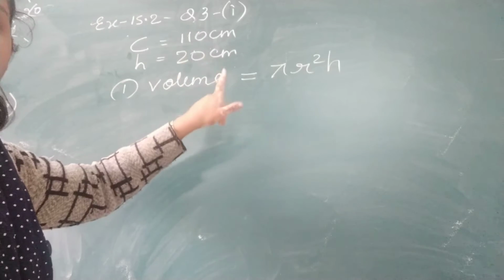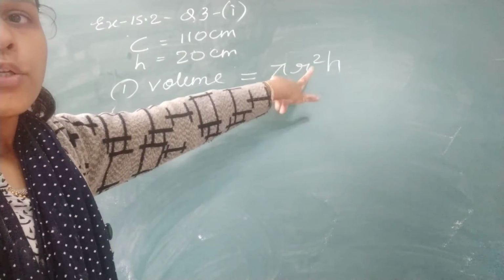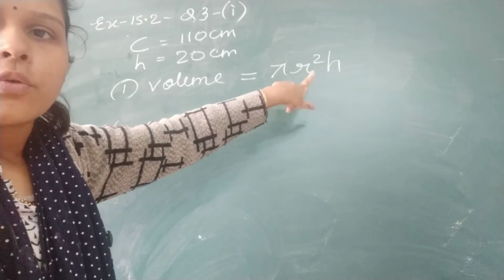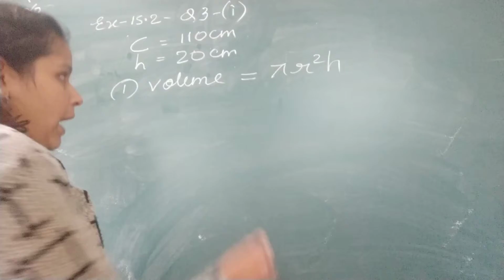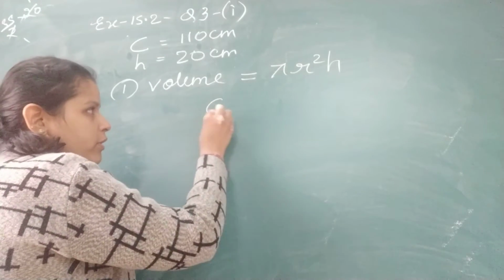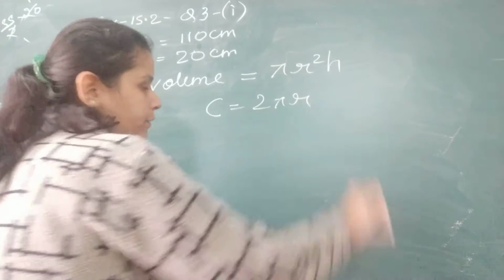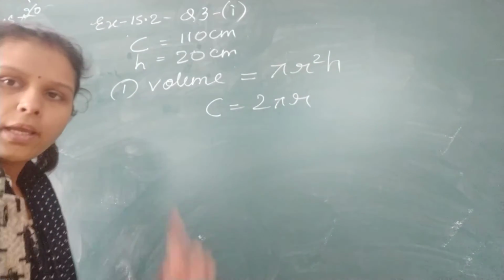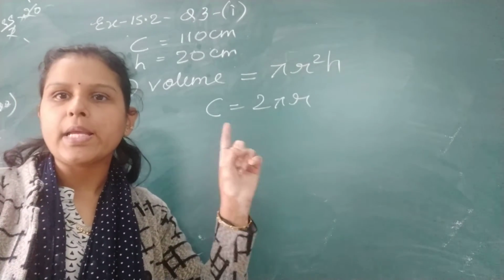So what you need to do in the question is you need to find the radius first. So how can you find the radius? You can find the radius with the help of the circumference. As we know, the formula for circumference is 2 into pi into r. Area is pi r square for a circle and the circumference is 2 pi r.